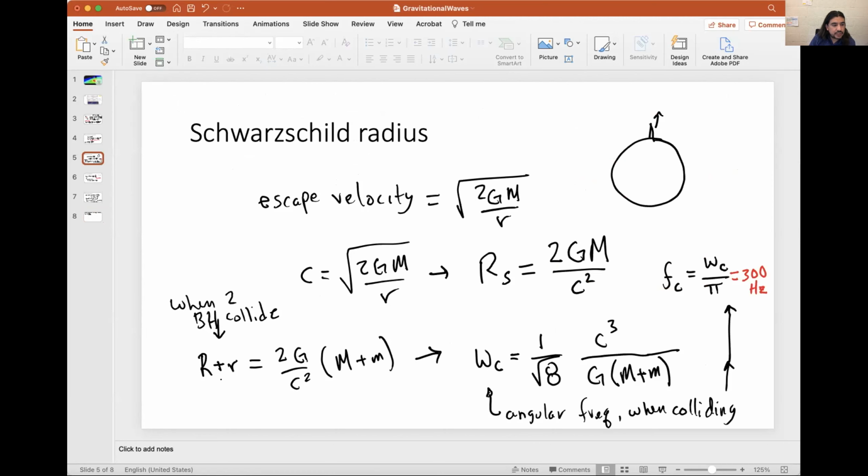This one right here for the r plus R, capital R and lowercase r, I can grab that equation and bring it over.